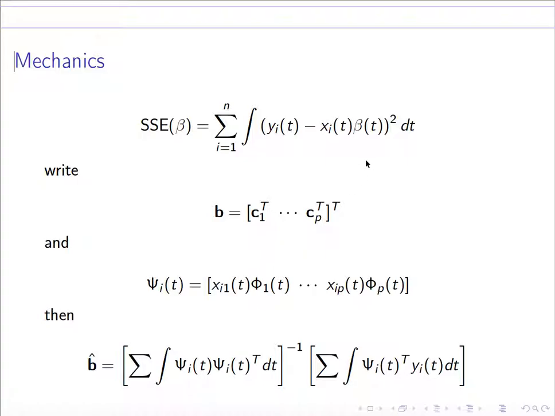Then we express beta(t) as a linear combination of the basis functions, beta(t) equal to c times the basis function phi, and similar to function-on-scalar, we can express the coefficient b in this form.